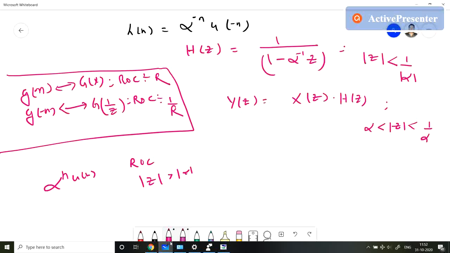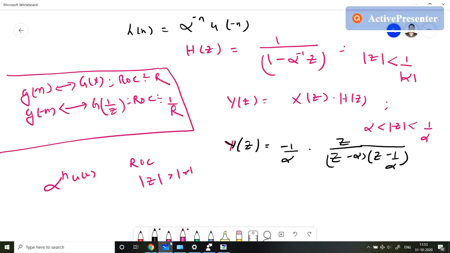Now, putting the values of X(z) and H(z), we get Y(z) equals minus 1 divided by alpha multiplied by z divided by z minus alpha multiplied by z minus 1 divided by alpha. So this is the z transform.